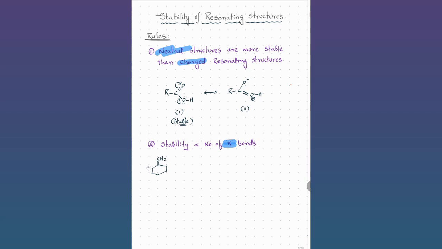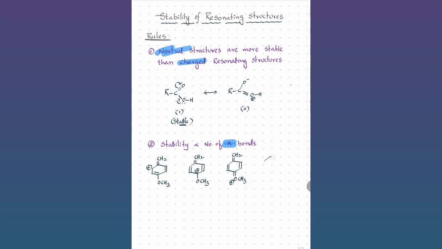The first structure is CH2 plus, double bond OCH3, and another structure is CH2 double bond here, plus charge on OCH3. The third structure looks like this: CH2 double bond here, double bond O plus CH3.